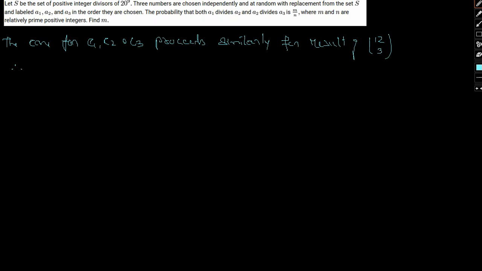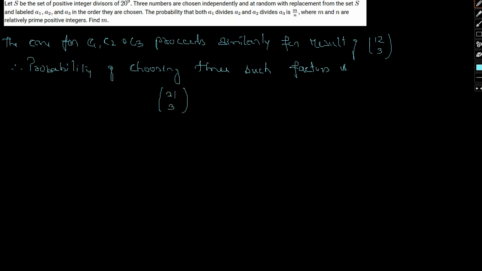So therefore the probability of choosing 3 such factors is 21 choose 3 times 12 choose 3, divided by the total number, 190 cubed.